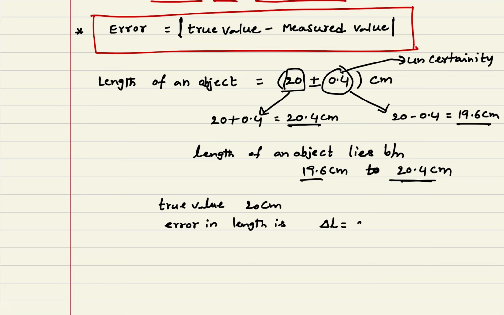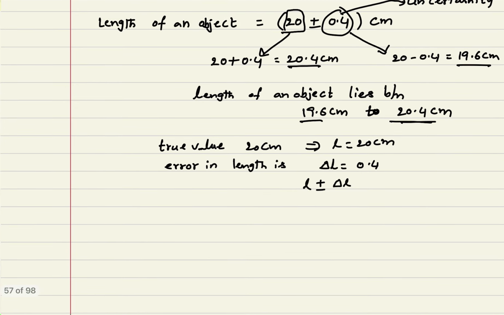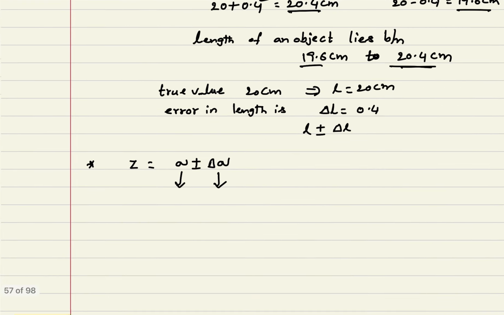I can write as delta L equal to 0.4. In the above case we can write the length L is equal to 20 centimeters. Overall, the length can be written as L plus or minus delta L. Now if I take any quantity Z, that Z equals A plus or minus delta A, where A is the true value and delta A is the error in the A value.